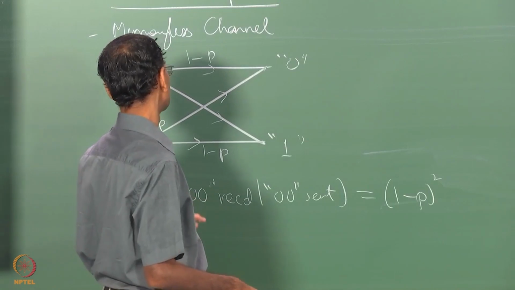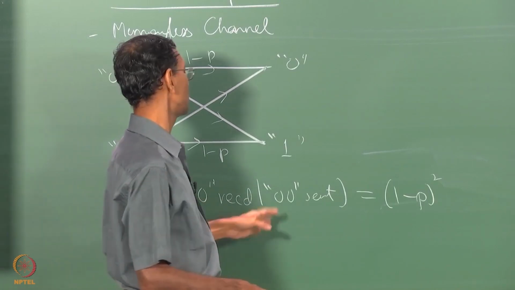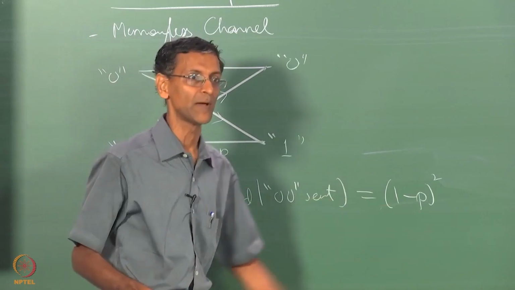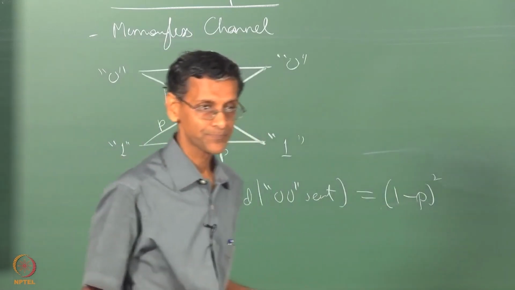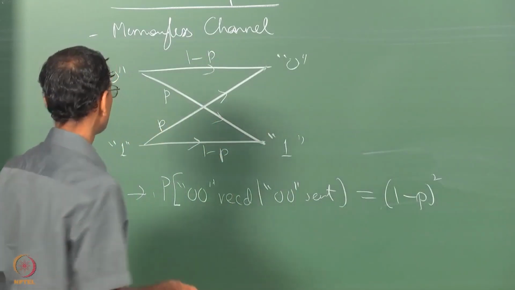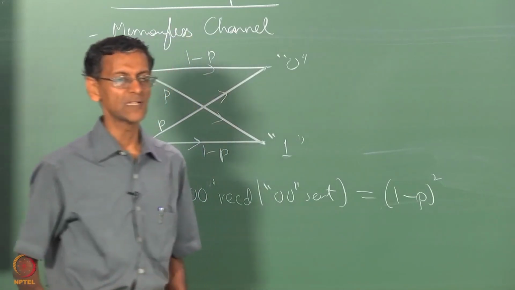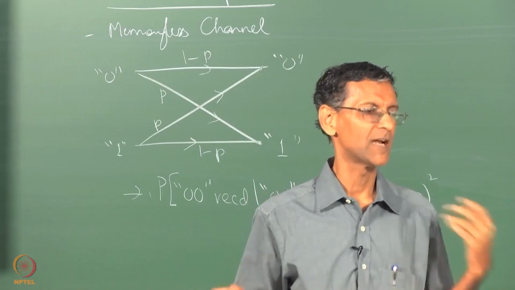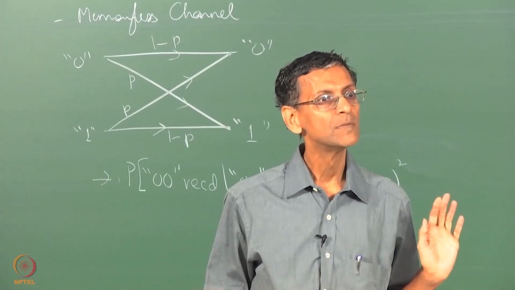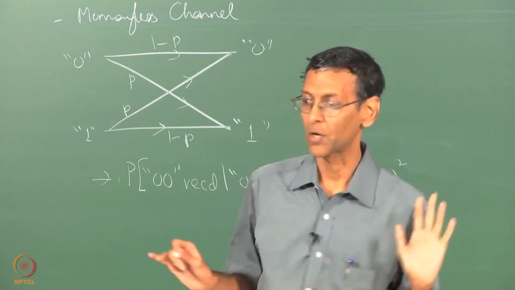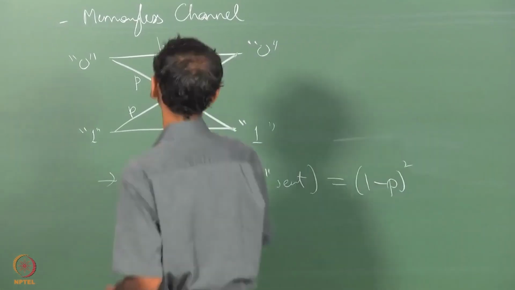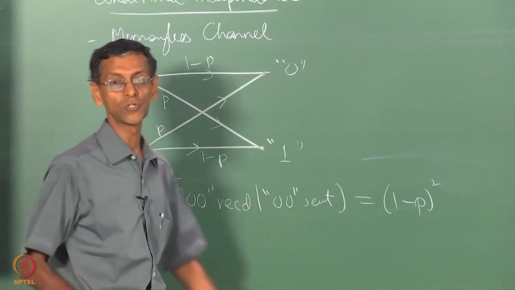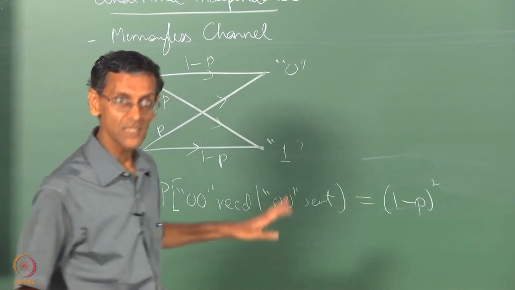If I want to look at, let's say, 10 received given 00 sent, it will be p times 1 minus p. That is a property of a memoryless channel. Each transmission is independent of any other transmission. The channel doesn't care. This is a channel model and doesn't say anything about how you get these symbols in the source. Is this clear?